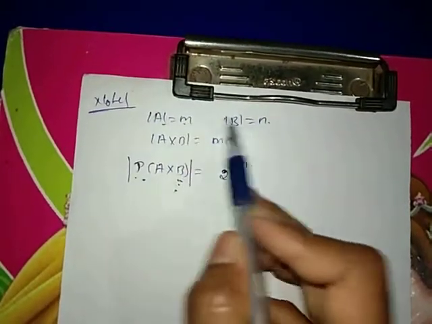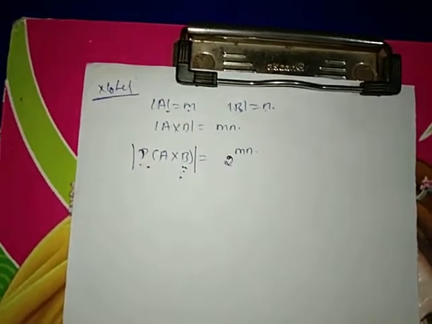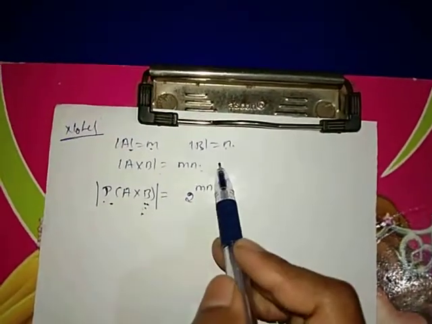Keep it as a note. If A has m elements, B has n elements, then A cross B has mn elements.